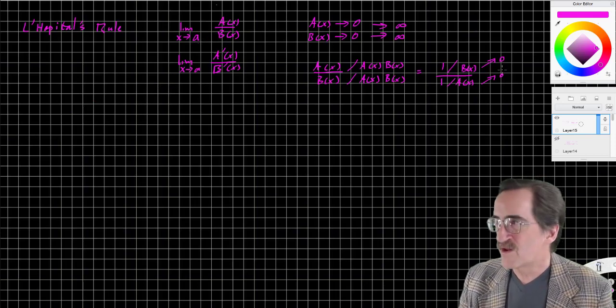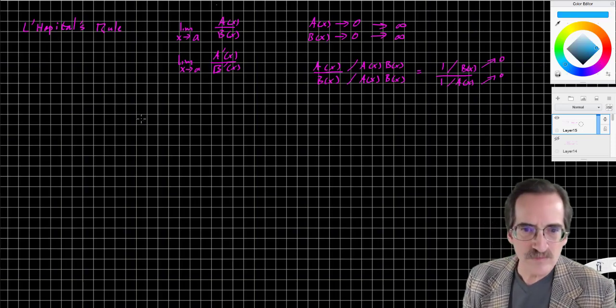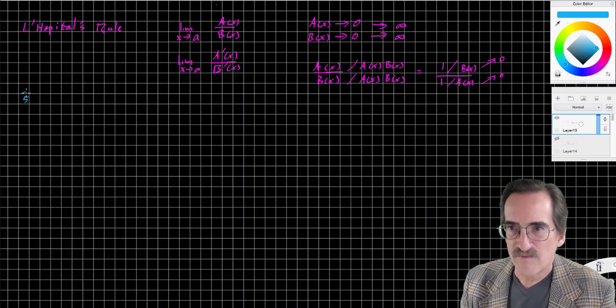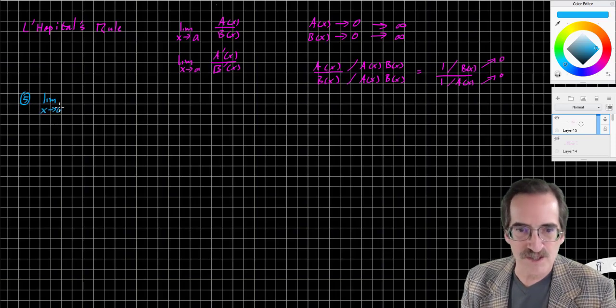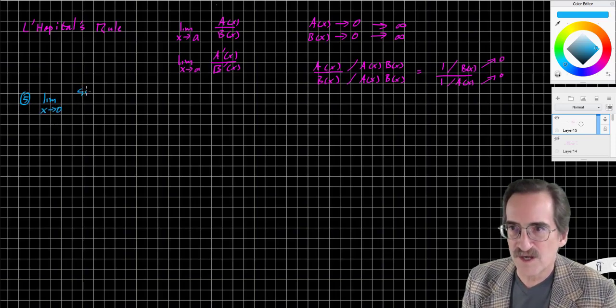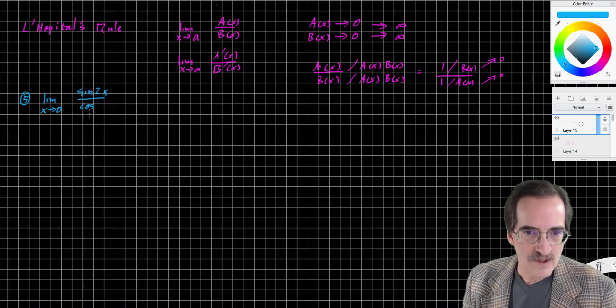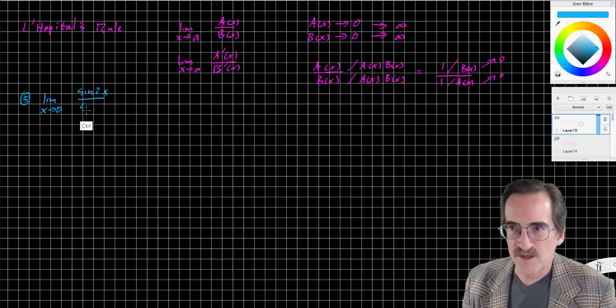So let's use that rule to find this limit, number 5. We're going to take the limit as x approaches 0 of sine 2x over sine 3x.